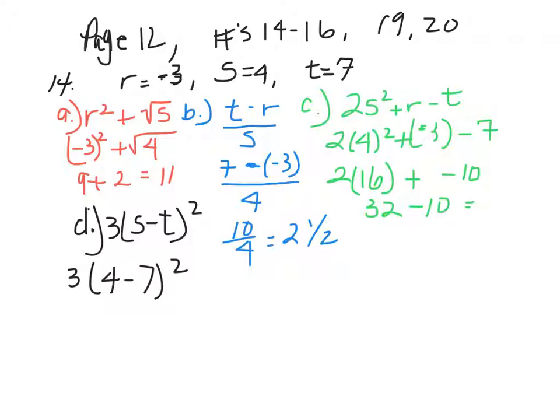We have to do what's inside our parentheses. 4 minus 7 is what? That's right. Next we have to do our exponents. Negative 3 times negative 3 is what? And what is 3 times 9? That's what I thought. You can figure that one out.